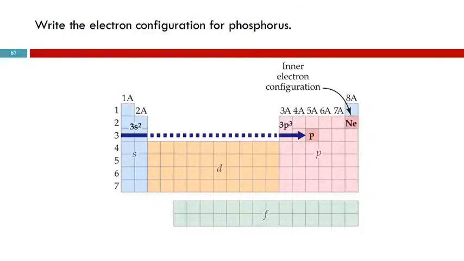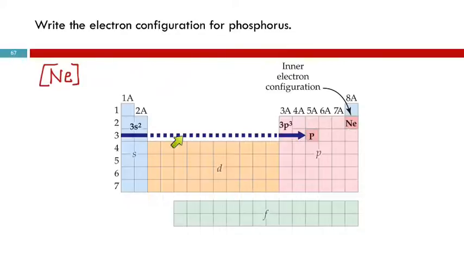Okay, so let's do a little more practice. Let's write the electron configuration for phosphorus off the periodic table. So we find phosphorus on the table, and then we're going to look at the previous noble gas. That represents the electron configuration of those inner core electrons. So this is going to be neon.